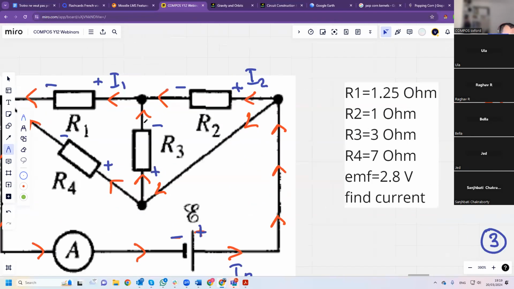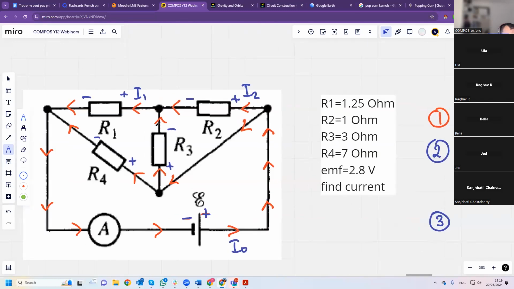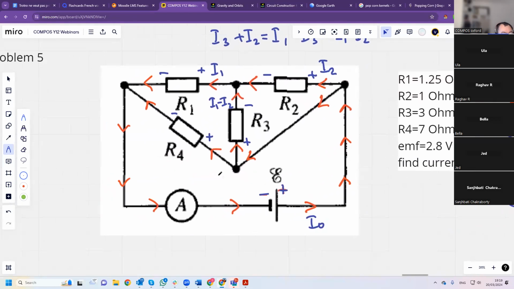Now for this one, I can call it I3, but I already know that I3 plus I2 makes I1. So I3 is actually I1 minus I2. So right here, I can write I1 minus I2. Does that make sense? Because I2 plus this makes I1, because they join together to make I1. Okay, I4.